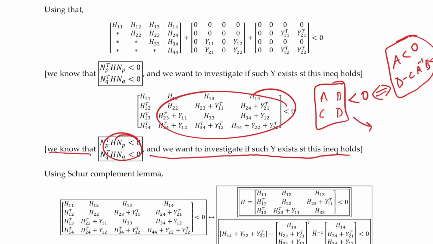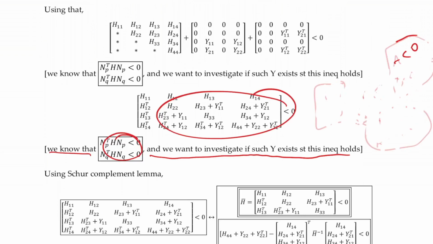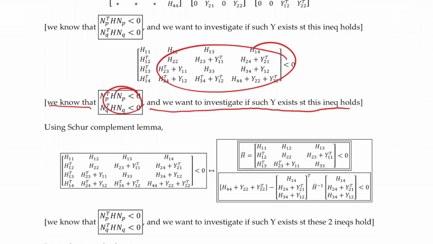Or you can also write D is negative and A minus B D inverse C is negative. This is the Schur complement. And by the way, this is if and only if, so no conservatism there. Okay, let's continue.